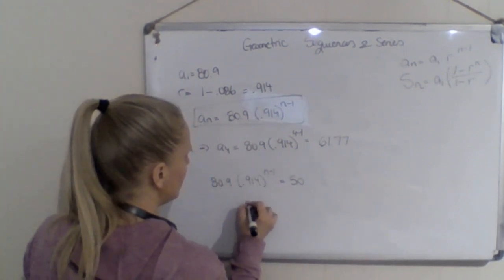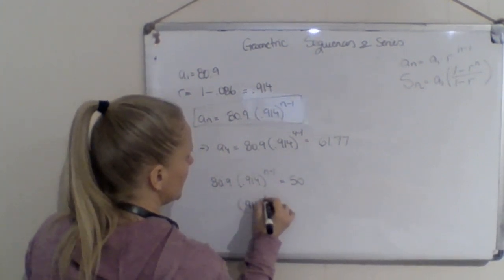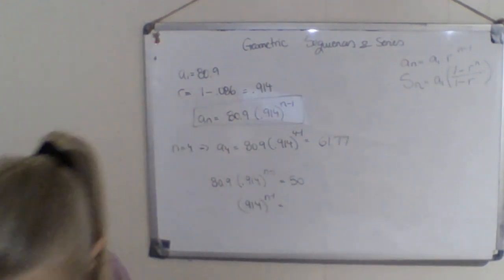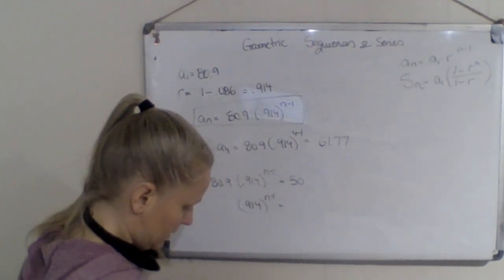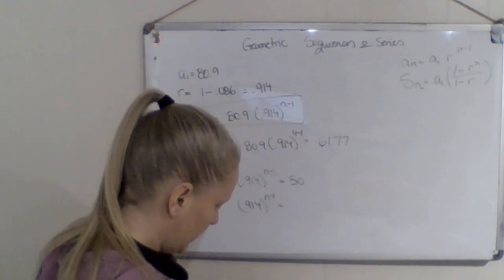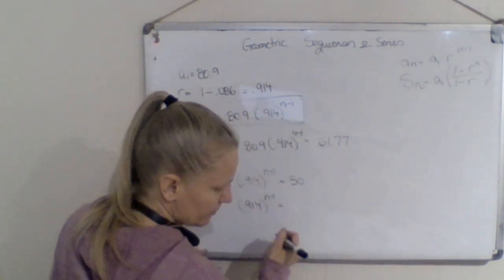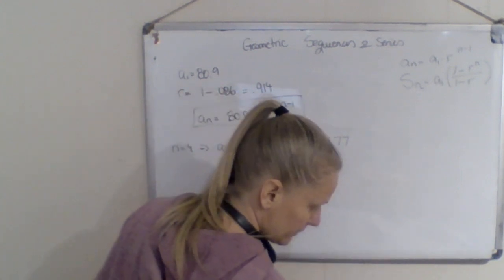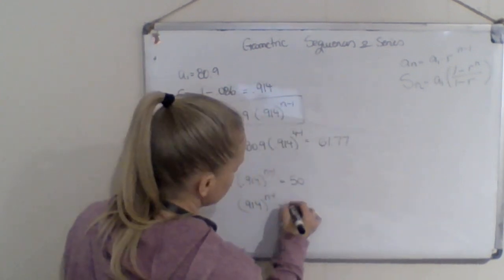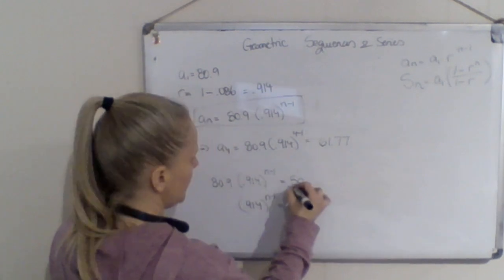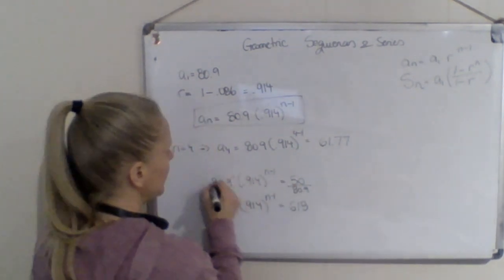This becomes 0.914 to the N minus 1 equals, and I use my calculator for this, 50 divided by 80.9. I'm just going to use the rule, guys. It's just so much easier for me to do it this way. 0.618. We divided that 80.9 out, right?